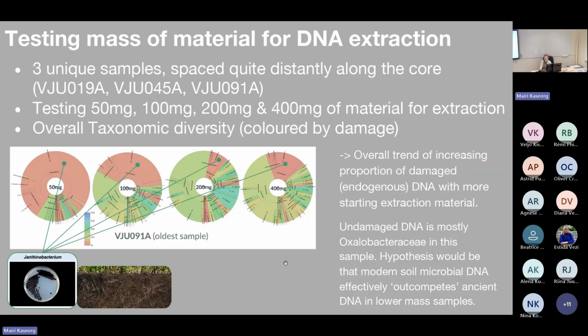Maybe there is a little bit of this modern material in there, but because our library protocols are designed to prefer shorter fragments, if we have more sample, we have more of these shorter, ancient DNA fragments, and this ancient DNA gets to come out. The small bit of modern contamination is not amplified to fill the space. So in that sense, it is looking good for these 400 milligram samples.